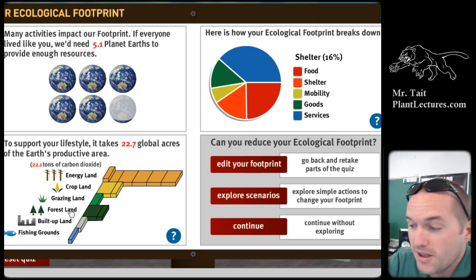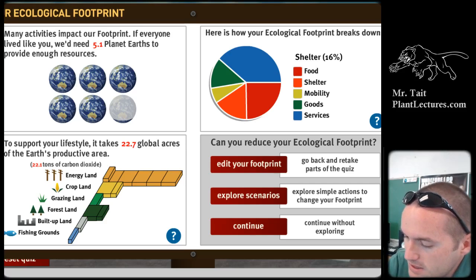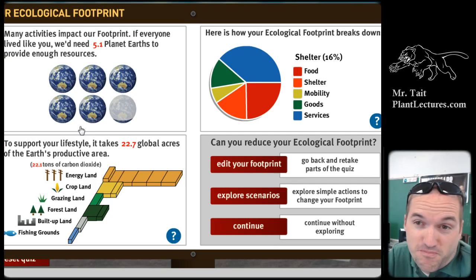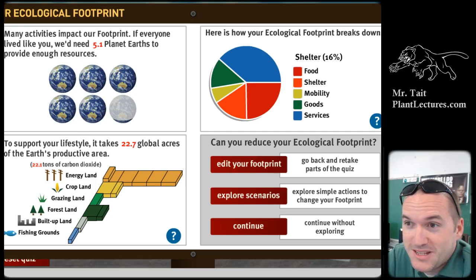So the Earth's productive area doesn't include most of the oceans, right? And it says if everyone lived like me, I'd need 5.1 planet Earths to provide enough resources, right? And I live a pretty not wasteful lifestyle.